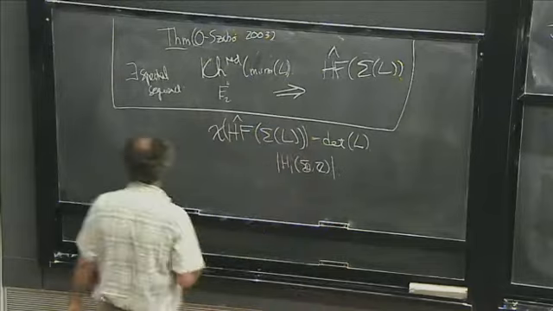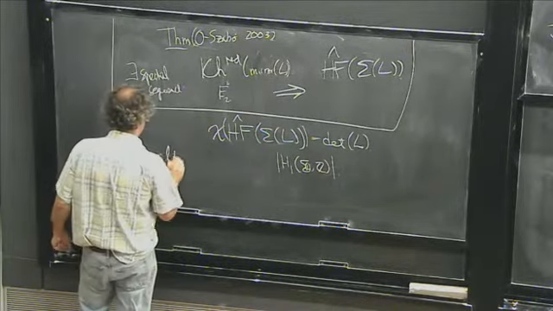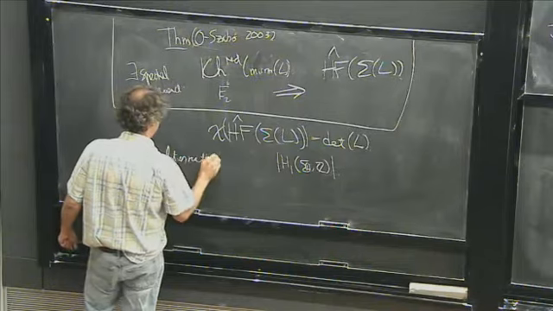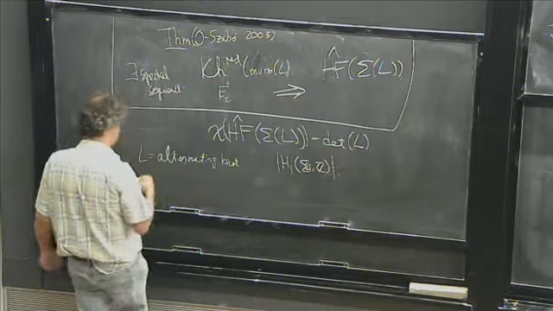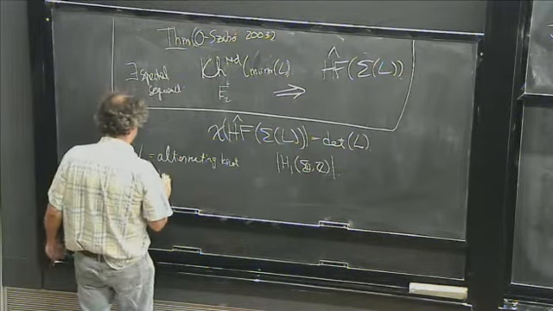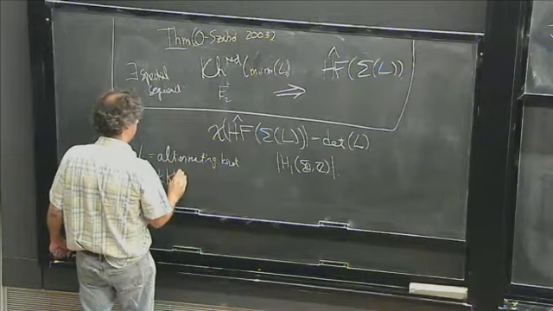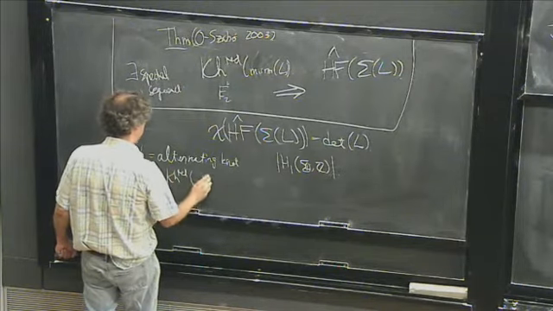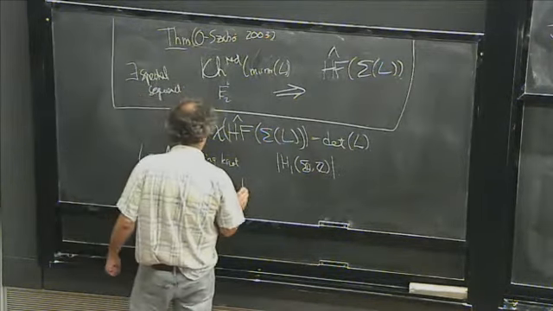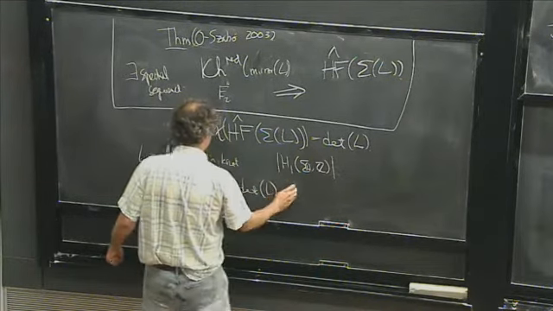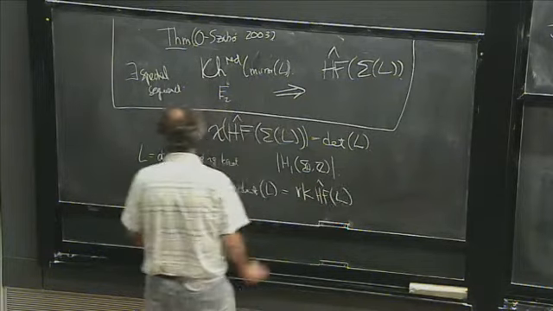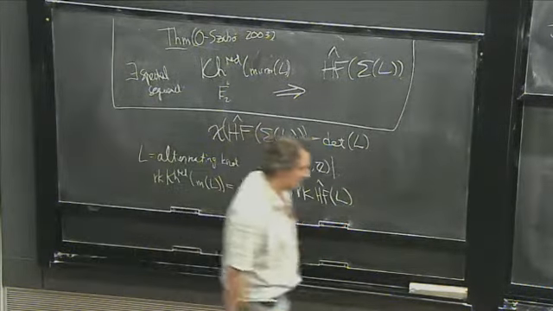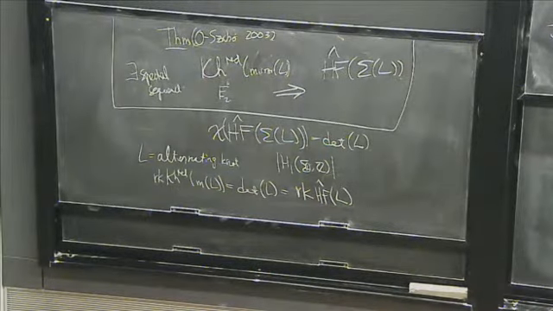So it follows, for example, that if L is an alternating knot, then it was known by work of Lee that the total rank of the reduced Khovanov homology of the mirror of L is equal to the determinant of the link, and that's also equal, by this theorem, to the rank of the Heegaard-Floer homology of the branch double cover. You can see this much more directly as well. But anyway, that's the kind of thing that one can deduce from this spectral sequence.